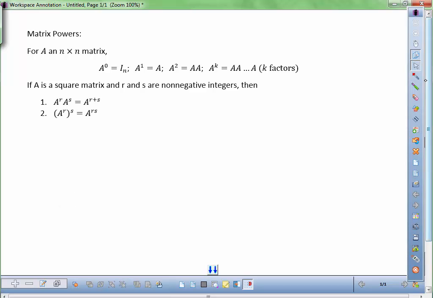If we are going to raise a matrix to a power, remember that the columns of the first matrix have to match the rows of the second matrix. And if it's the same matrix that we're multiplying, they basically have to be square matrices. So we can only take matrix powers, exponents, for square matrices.